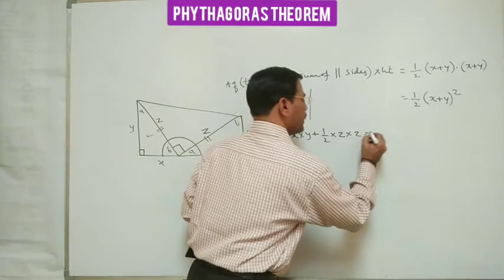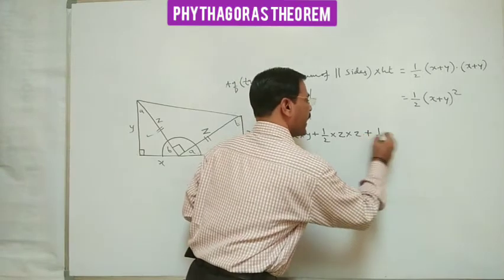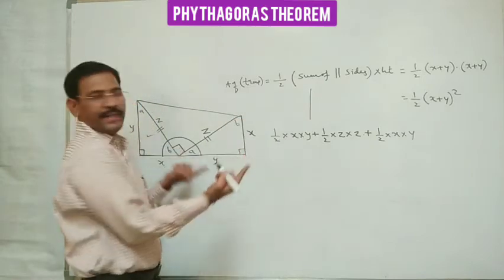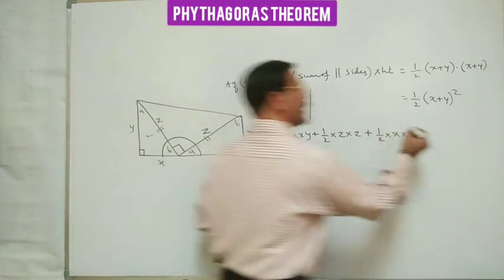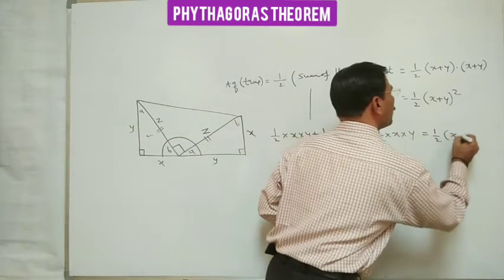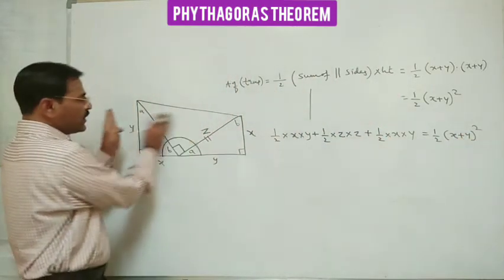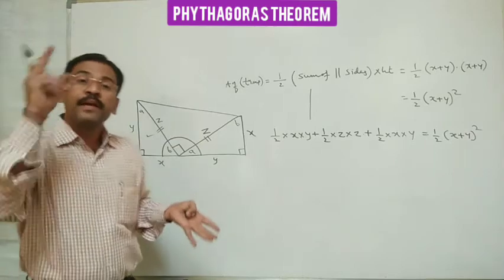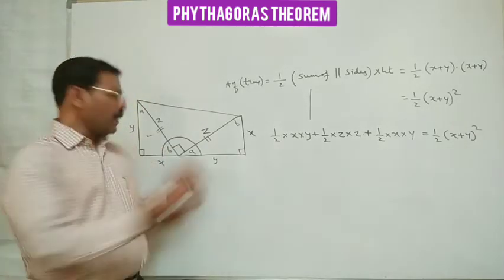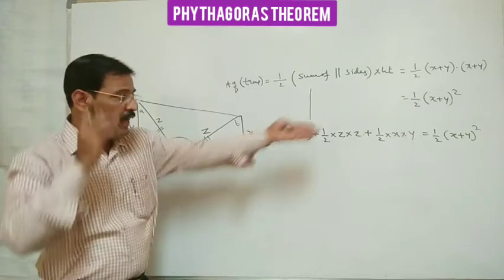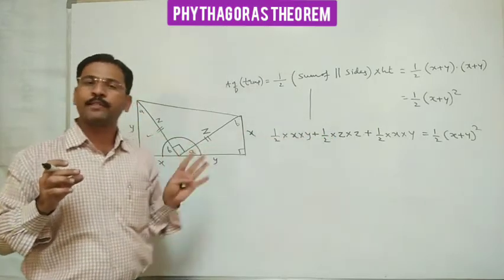Now this side, again half into base into height. So that one is equal to half into (x plus y) square. Why? The sum of the areas of these three triangles is nothing but the area of the trapezium, because these three triangles form the trapezium. So that is equal to half into (x plus y) square.